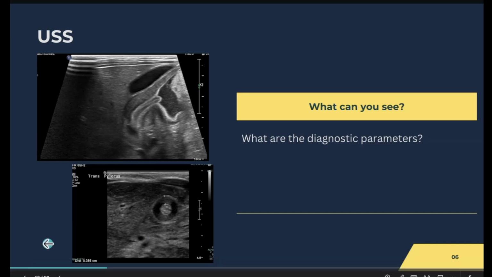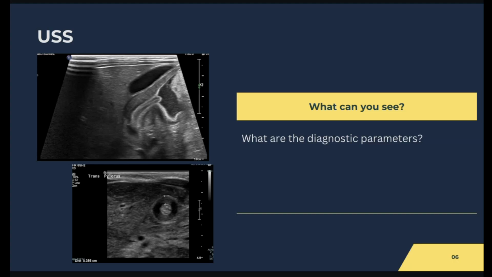Does anyone know what this sign is called? And or if anyone knows the diagnostic parameters? Any idea about that? Okay, so we've had a few ideas.